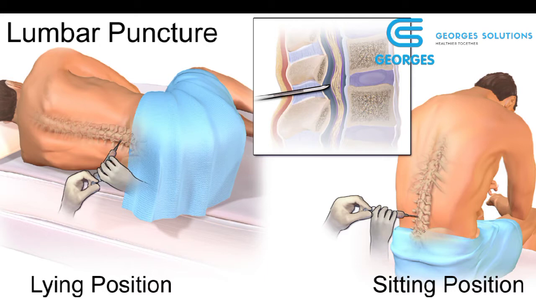However, a sitting position with the head flexed to the chest can be used, and the patient is helped to relax and instructed to breathe slowly and deeply with his or her mouth open.